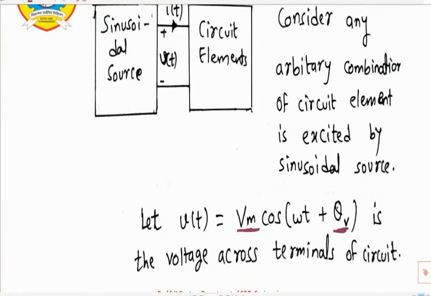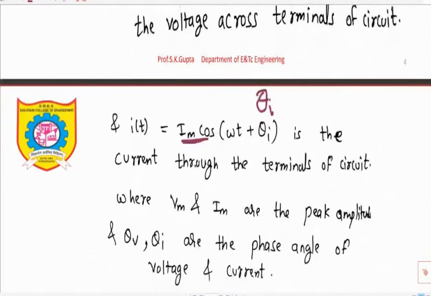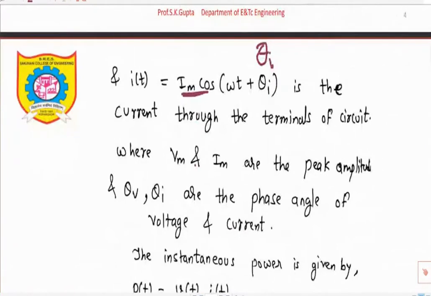Then current can be defined as Im cos(omega t plus theta I). So the phase angle of current is theta I, and Im is the peak amplitude of current.